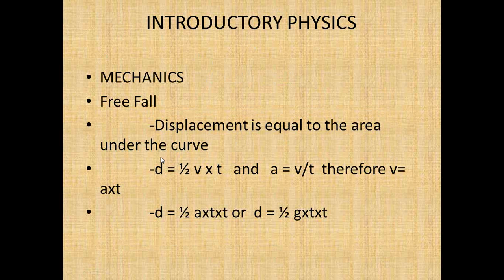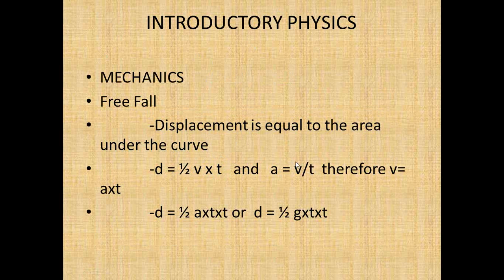And I just showed you that displacement is equal to the area of a triangle, so half the base times the height. Remember that the acceleration is equal to change in velocity with respect to time. We're talking about free fall. So when we talk about change in velocity, we talk about the final velocity minus the initial velocity over time.